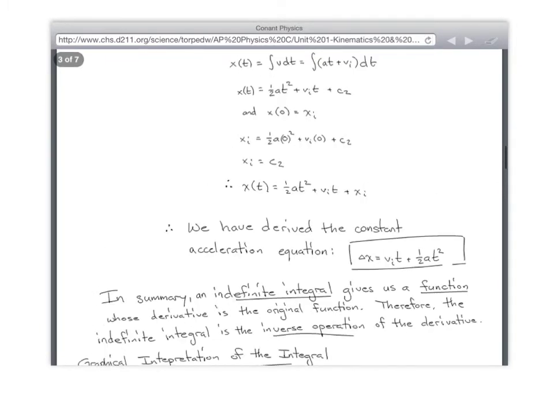Okay, so indefinite integrals always give us a function whose derivative is the original function. Therefore, the indefinite integral is the inverse operation of a derivative. And that's all fine. Indefinite integral always gives you that plus c. How do you take care of a plus c? You have to know an initial condition, or some condition.